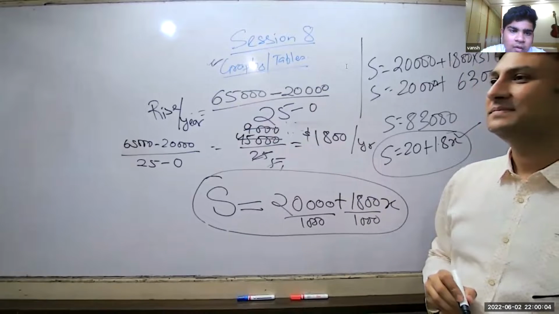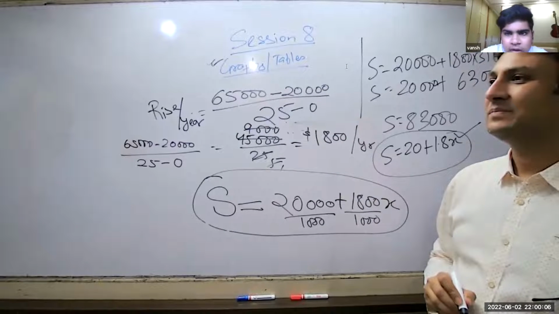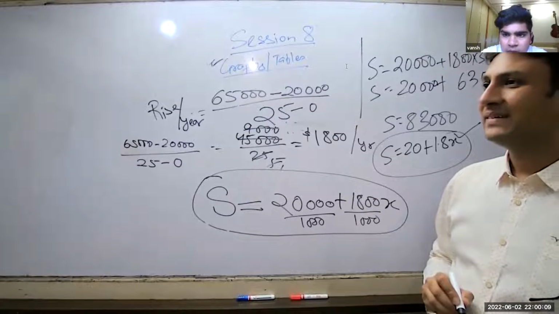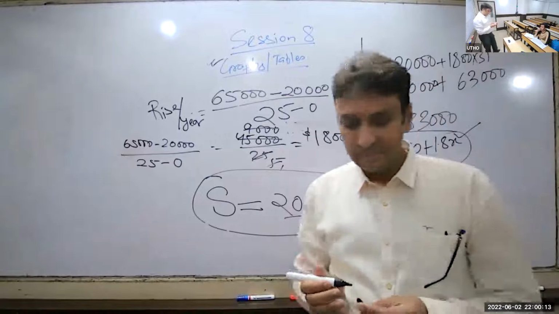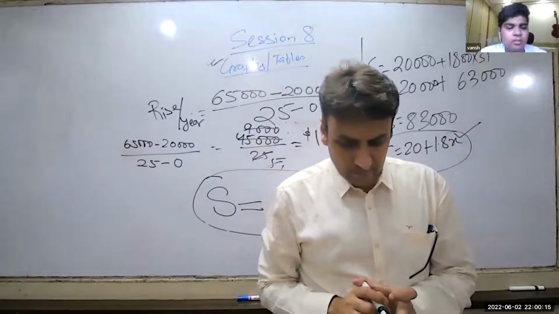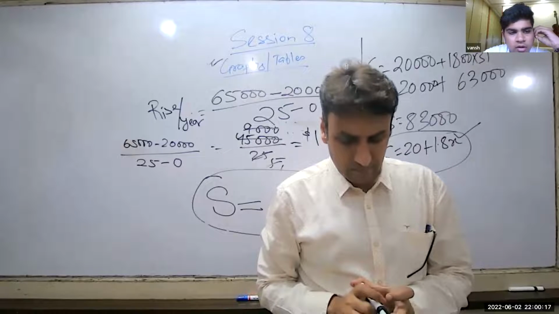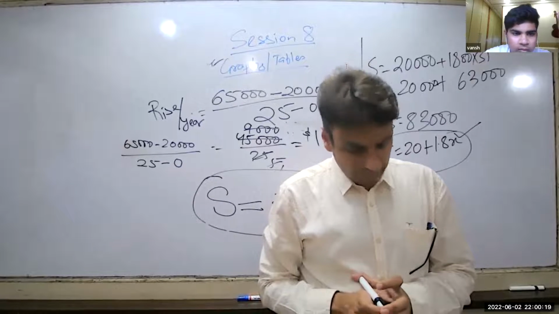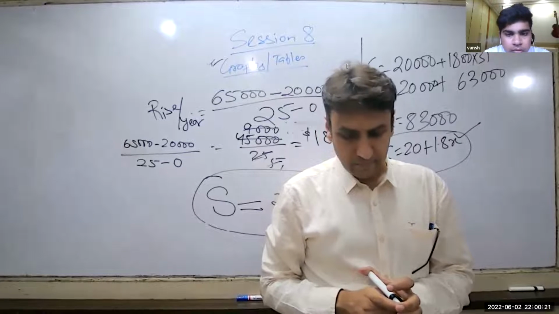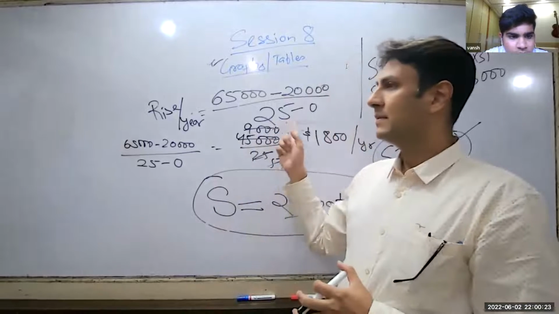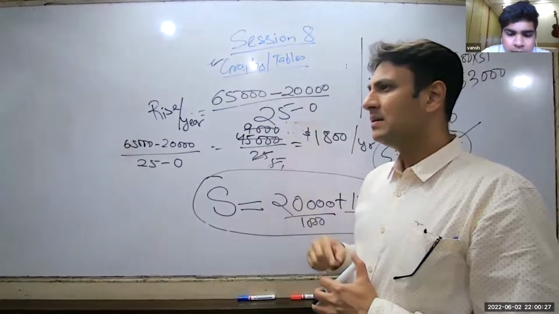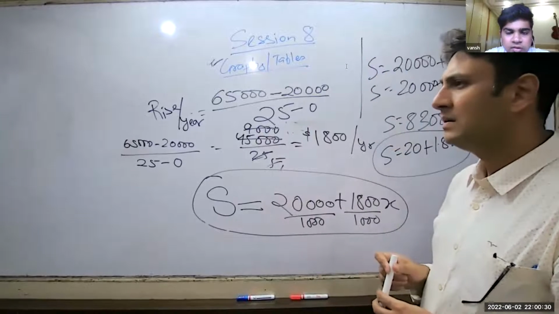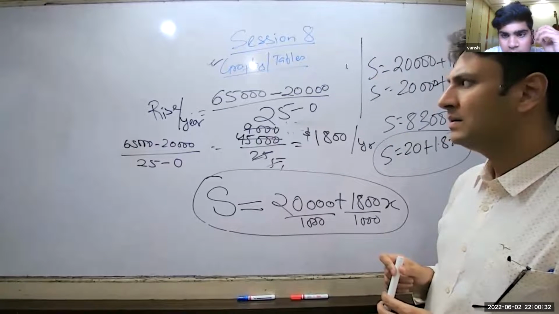Sir, if we would have taken it as 65 and 20, then we wouldn't have had to divide it, right? While subtracting only, we would have taken 65 minus 20 upon 25 minus 0. But above there was only 65 and 20, not 65,020.